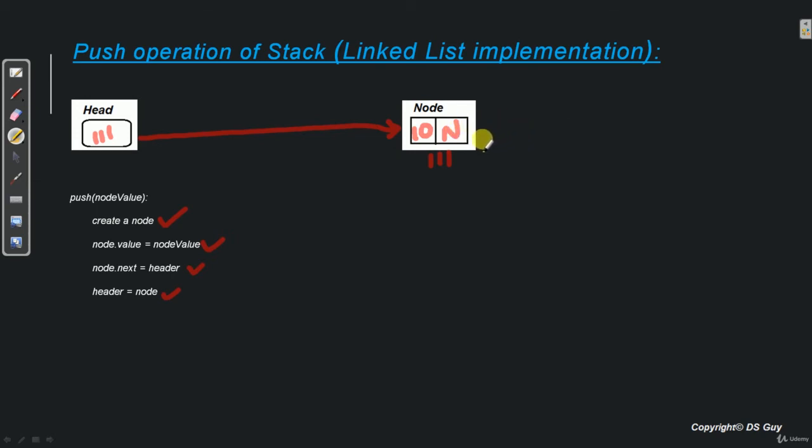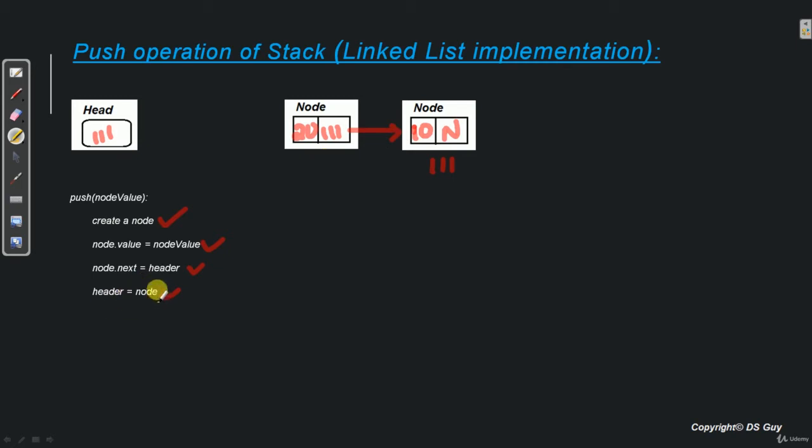Now let's say we want to push one more element in this stack. So let's say this is the new node. First we'll insert some value in this, let's say 20. Node.next is equal to header. So here we have to put the address of the next node. So we'll put 111 over here. So this will create a link between these two nodes.